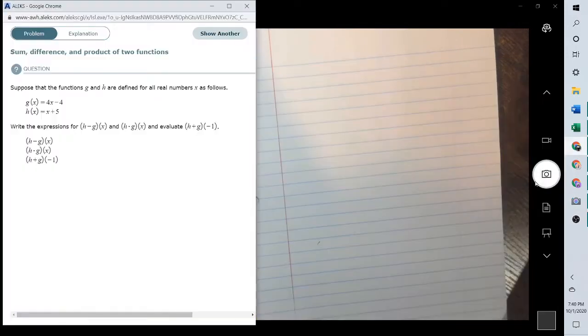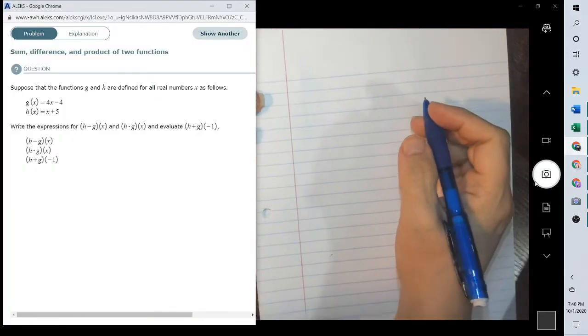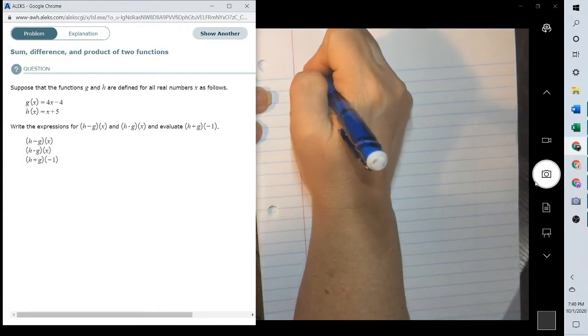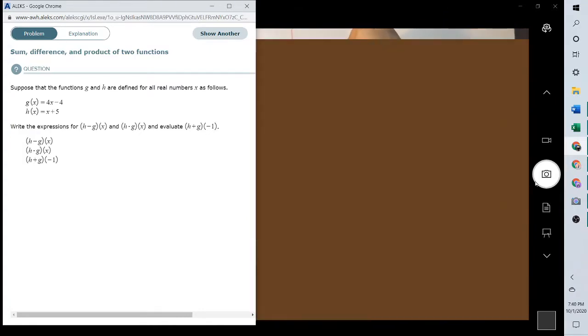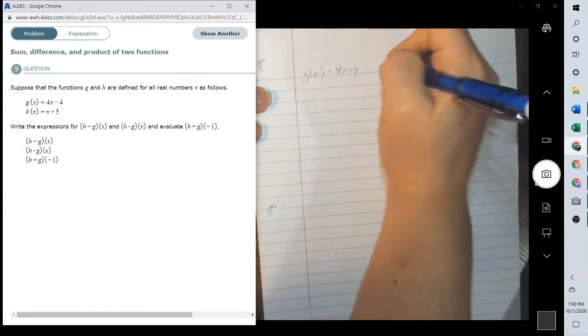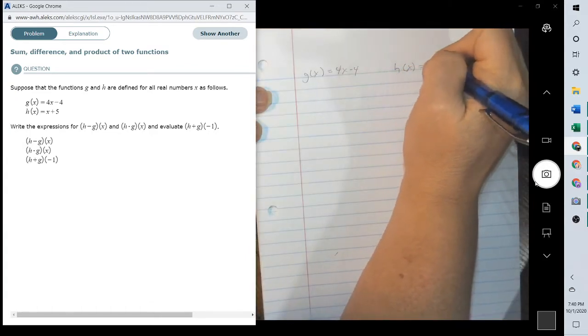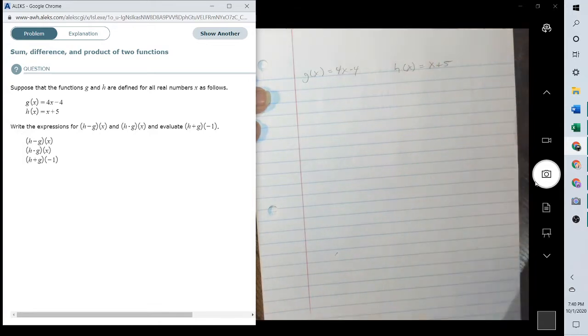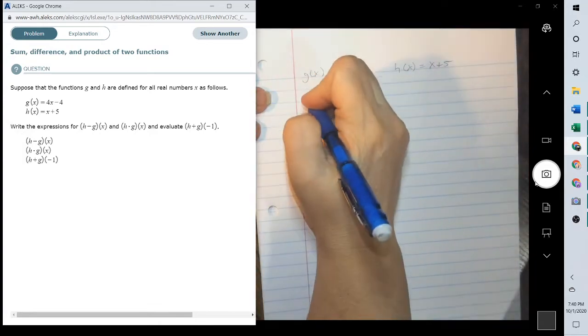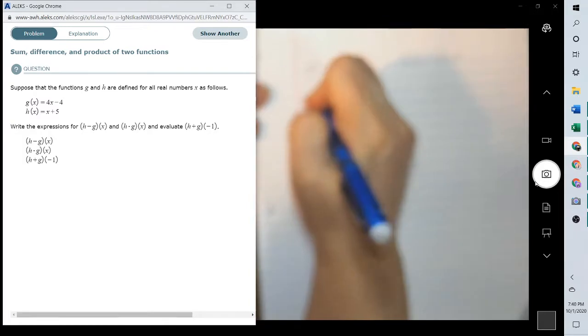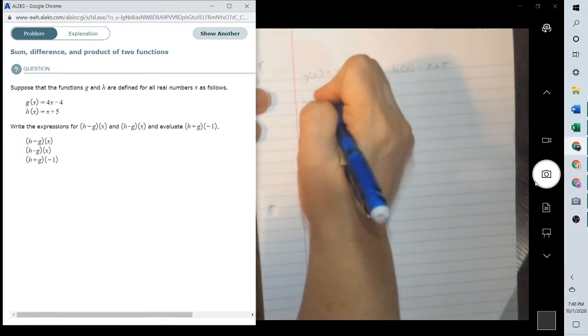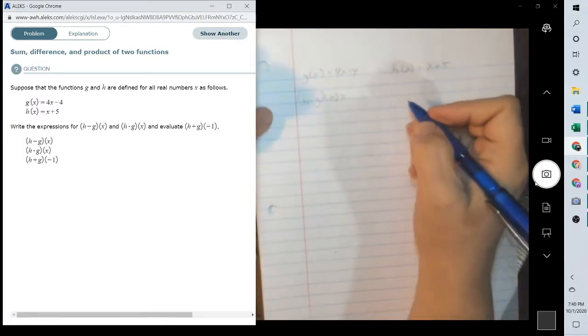So looking at this one, g of x is 4x minus 4, and h of x is x plus 5. They want us to find h minus g of x. Well, that just means to subtract them.